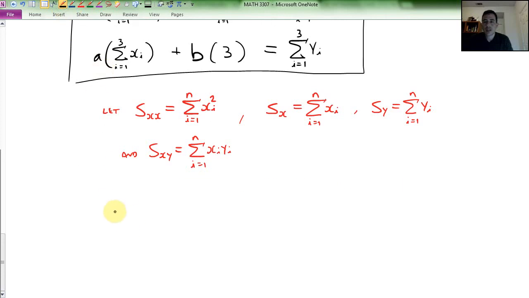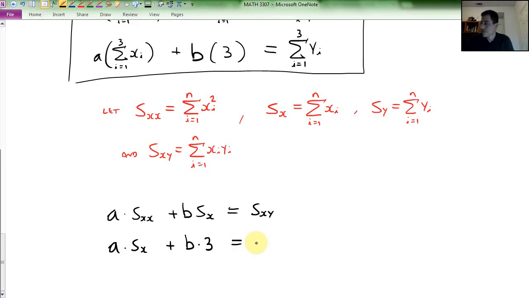Okay, so if we do that, our system becomes simply sxx a plus b sx equals sxy, and sx a plus b times 3 equals sy. I want to show something here.